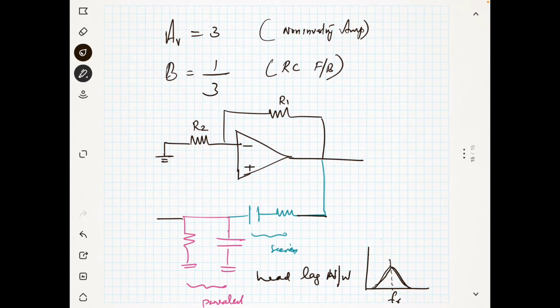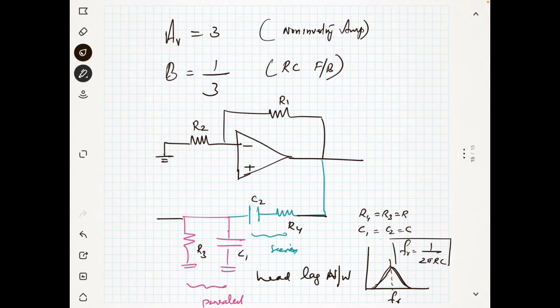Now, let us say this is C1, C2, then this is R3 and R4, and we will usually assume R4 equal to R3 equal to R, and C1 equal to C2 equal to C. Then the resonant frequency FR is equal to 1 by 2 pi RC.